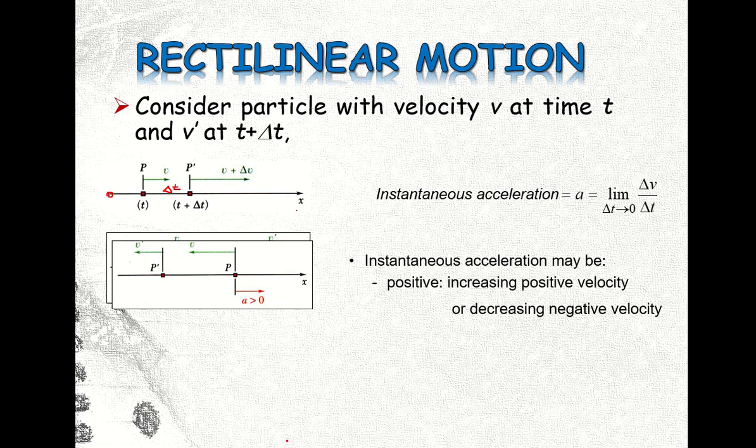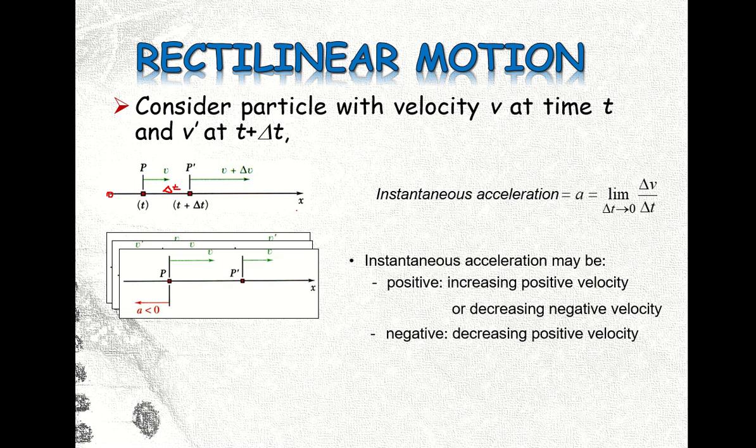And another scenario is something like this. Instantaneous acceleration may be negative. So when will this be negative? If the acceleration is negative, meaning a is less than 0, and if you look at the arrow, from longer arrow of v to shorter arrow of v, it means that the velocity is decreasing, but the direction is positive because it is going to the right.